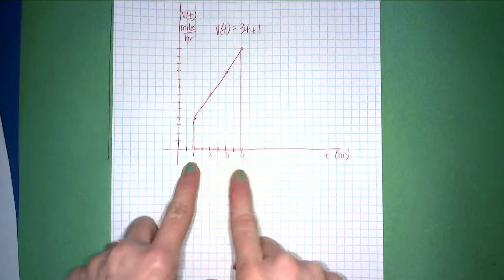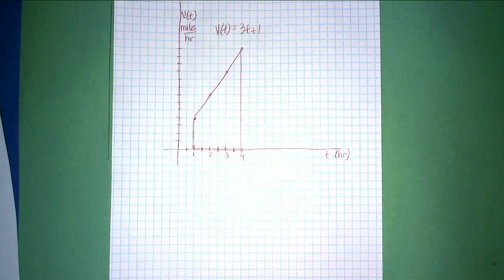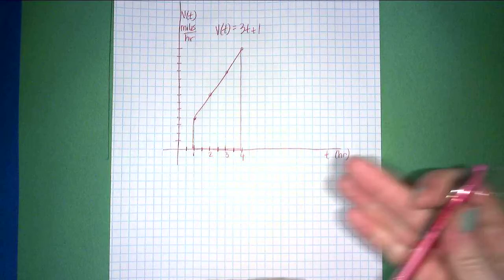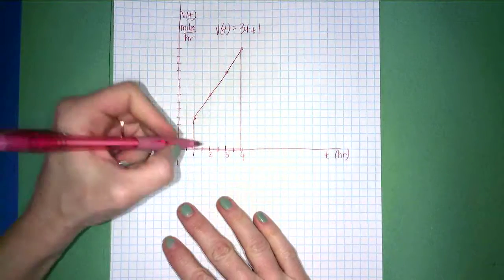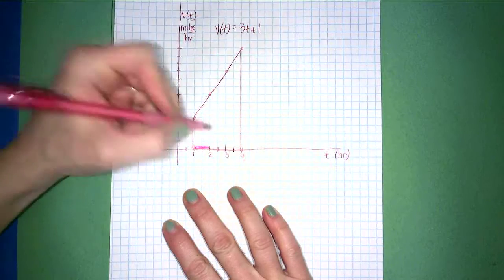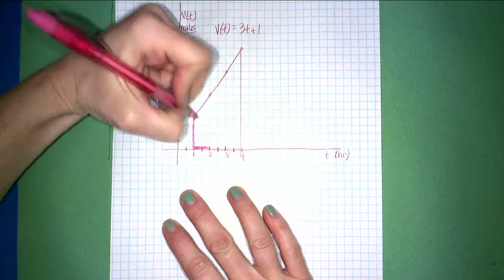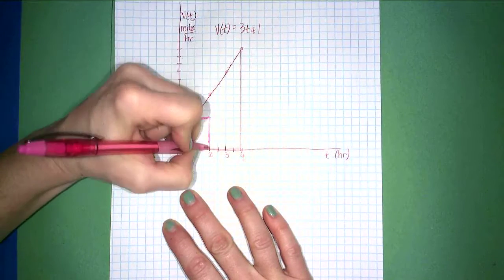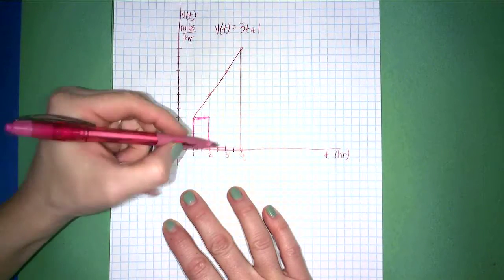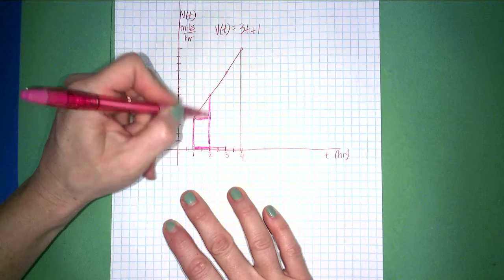Okay, if I were to use, let's say, a left-hand rectangle approximation from 1 to 4, it might look something like this. Between 1 and 2, I would have my first base. I would pull up on the 1, come straight across, and down. And then from 2 to 3, I would come straight up on the 2, the left side of the interval, cross and down.